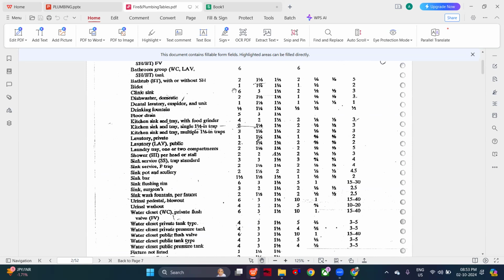That means if you draw the pipeline for each fixture, each fixture needs its own pipe, so that flow rate is defined over here. That's the only thing I don't need here. I need the total flow rate. If I want to find out the total flow rate, I need the full fixture units.